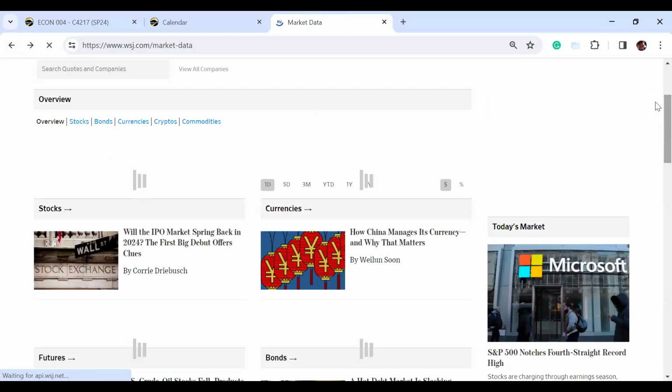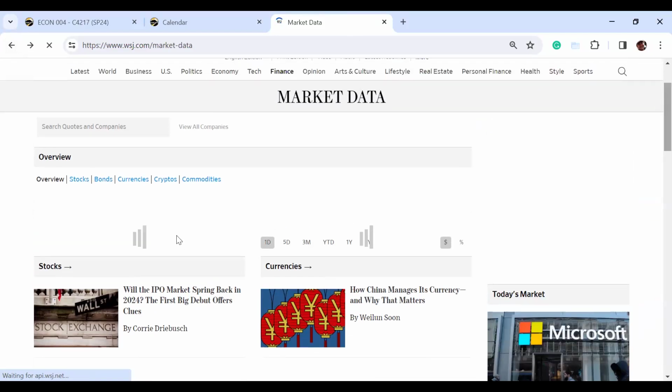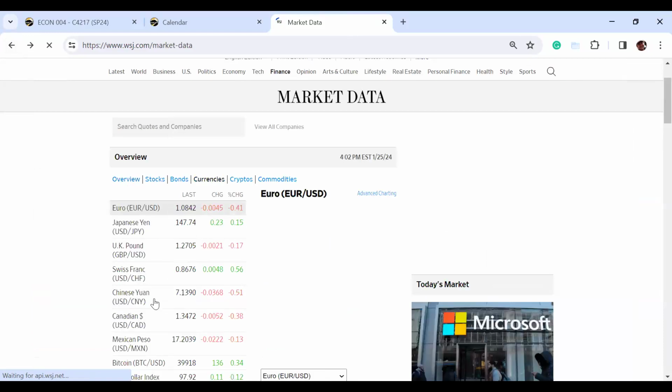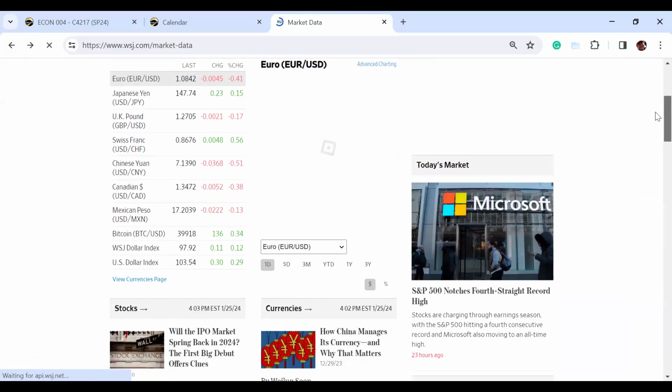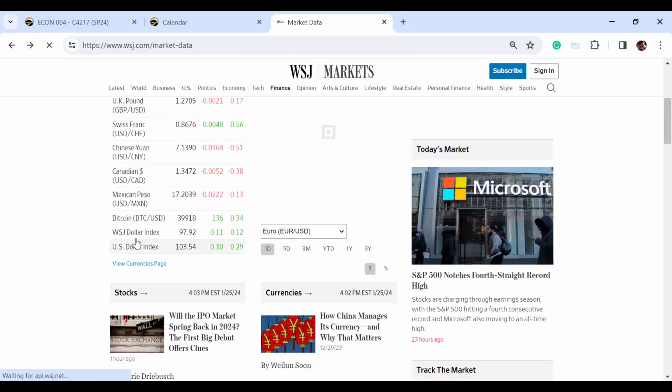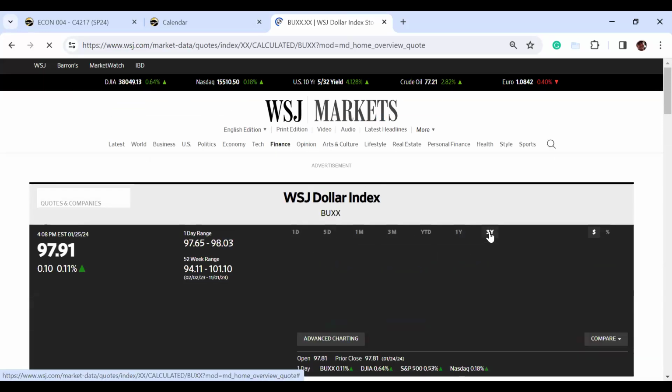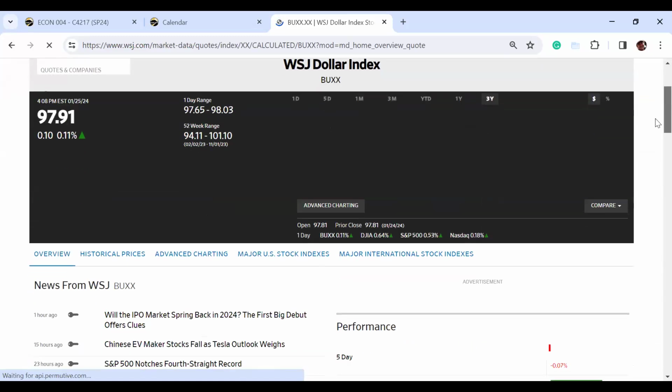That's going to be an answer on our midterm and on our final. Trade-weighted exchange rate. I'm going to go down here in currencies to right here, the Wall Street dollar index. I'm going to go out to 2 years or 3 years.